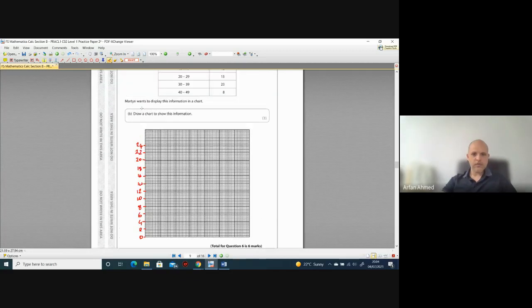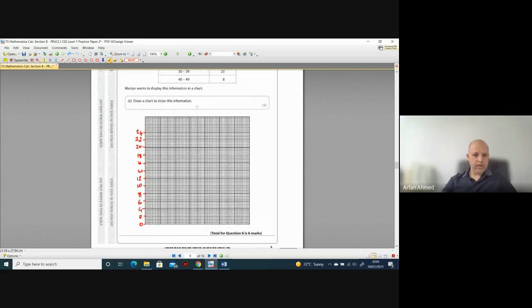Yeah, you don't need to do all of them. Maximum we've got is 23. And label this, obviously that is frequency. Yeah, that's our frequency column.